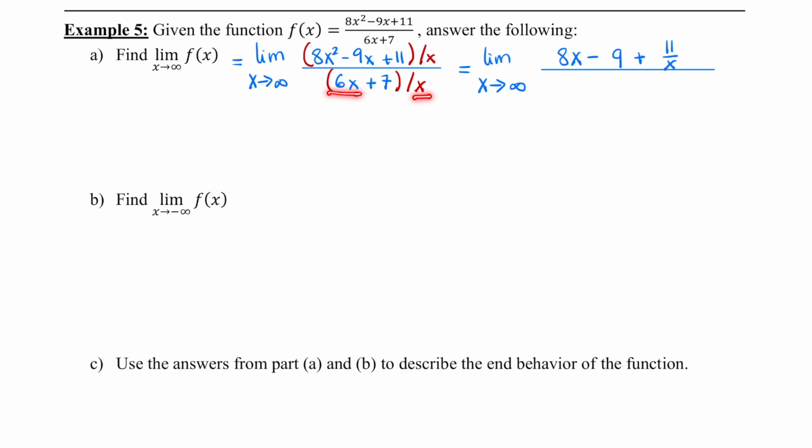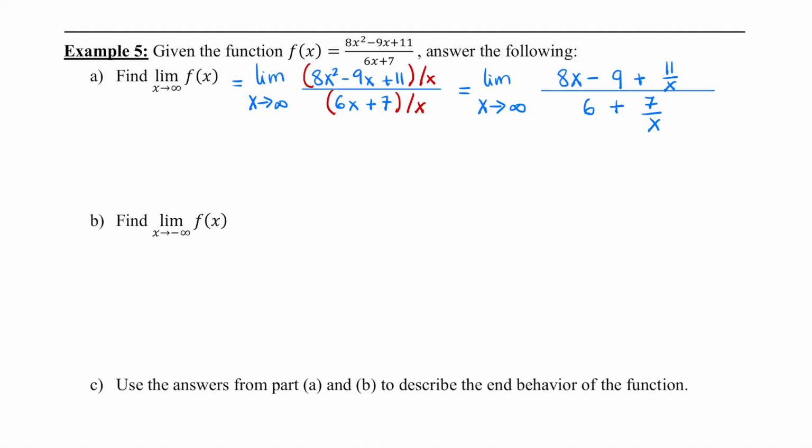6x divided by x is 6. 7 divided by x is 7 over x. As x approaches infinity, 8x approaches infinity, 11 over x approaches 0, and 7 over x approaches 0.